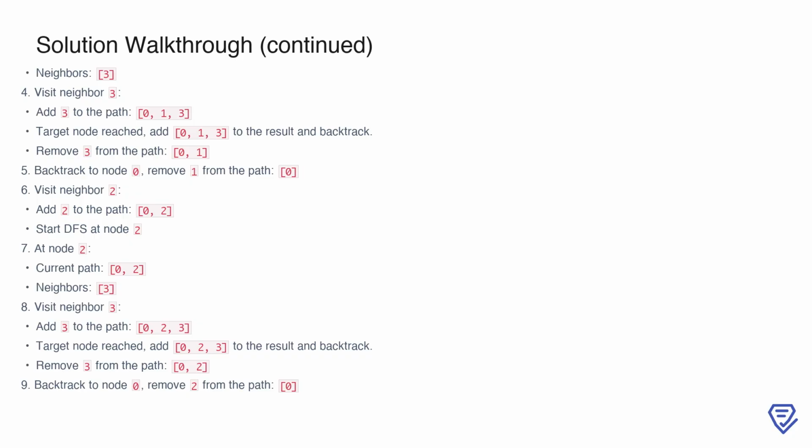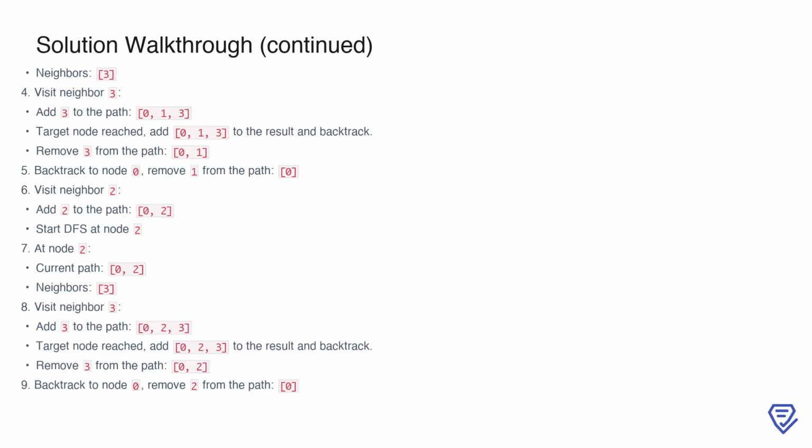We proceed by visiting neighbor 3, adding it to the current path, resulting in [0, 1, 3]. Since node 3 is the target node, we add this path to our results and then backtrack. Backtracking involves removing node 3 from the path, bringing us back to [0, 1]. Next, we backtrack further, removing node 1 from the path, returning to [0].